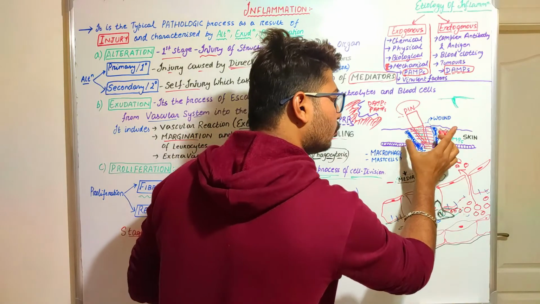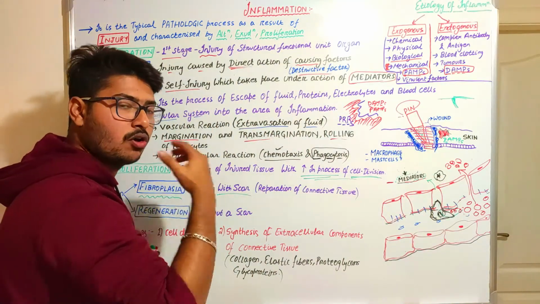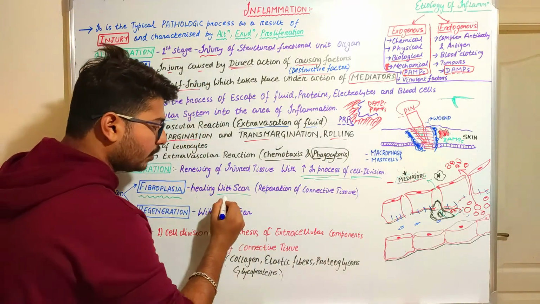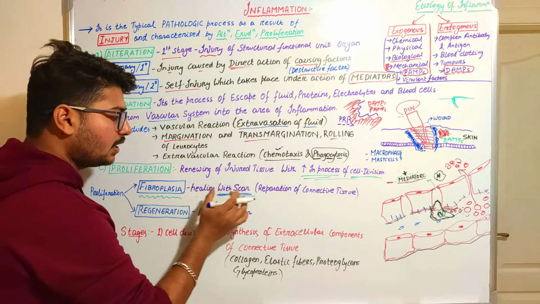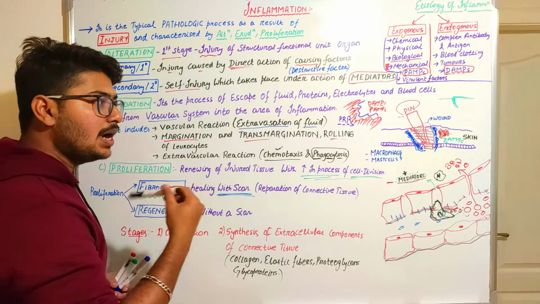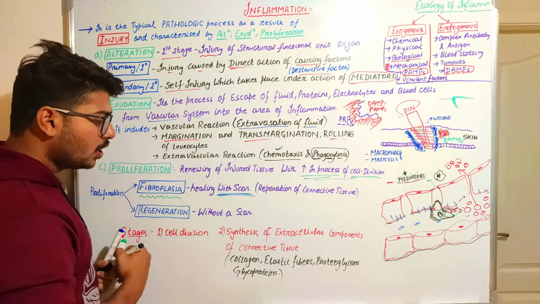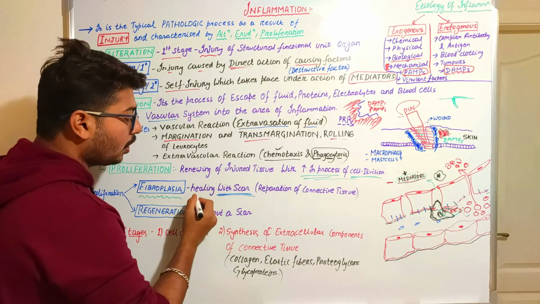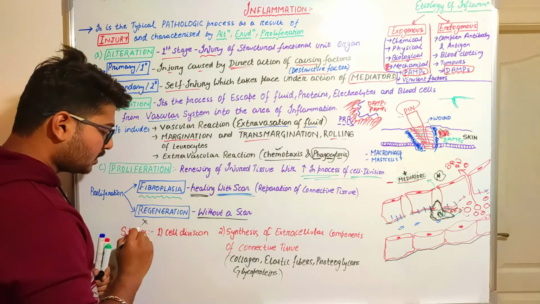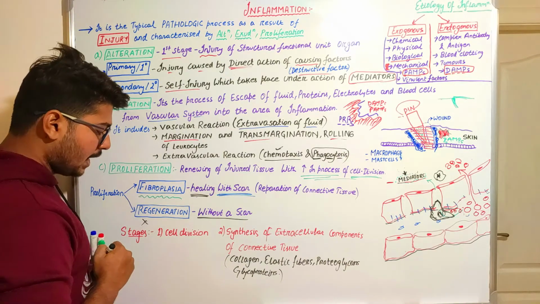Due to the deposition of fibrous materials, as they produce more collagen in the nearby region, the tissue will be healed with a scar, and that healing process with a scar is nothing but fibroplasia. And if the damage is very minor or minimal, the healing process will occur without a scar. There will be no fibrous deposition at the site of injury. That process is known as regeneration.